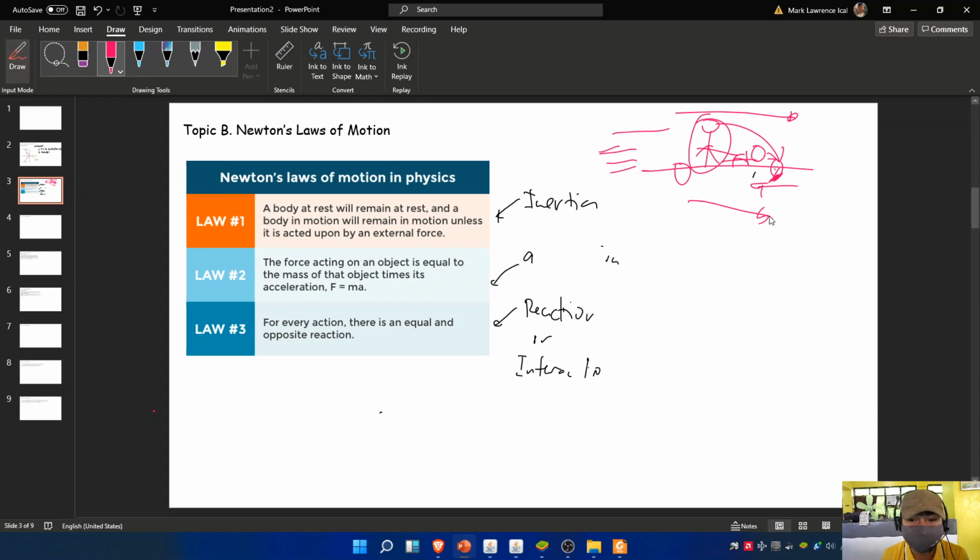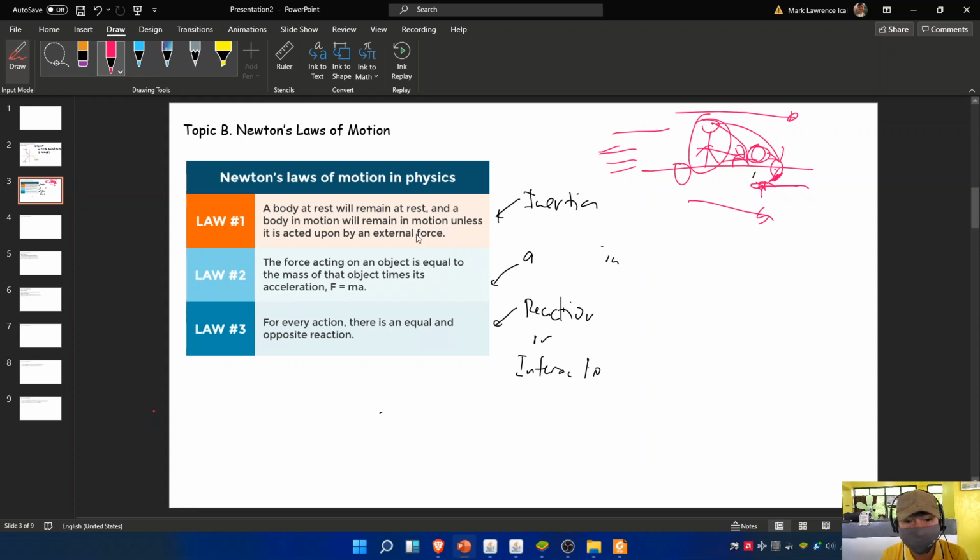So that's inertia. So it means to say that a body will remain at rest, and a body in motion will remain in motion. So here, you are in motion, now, may brake. Merong external force na nangyari, kumontra, tumba ka. Kasi nga, you will remain in motion.